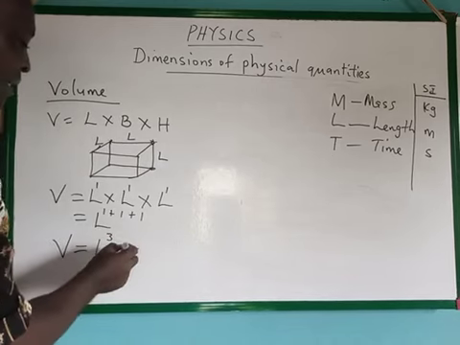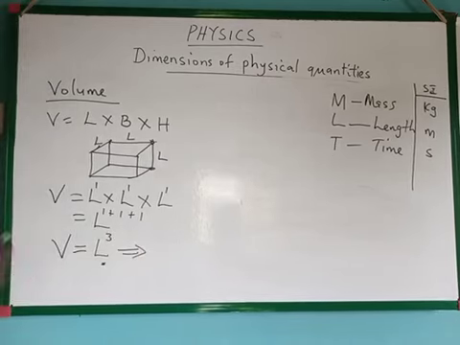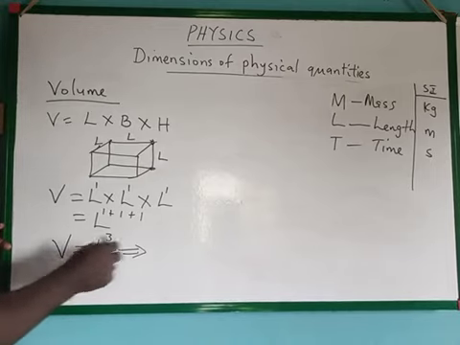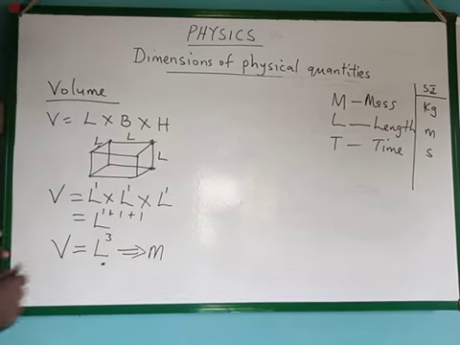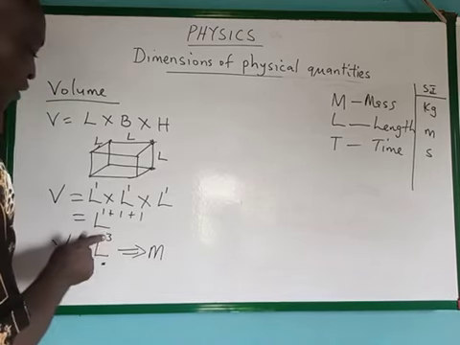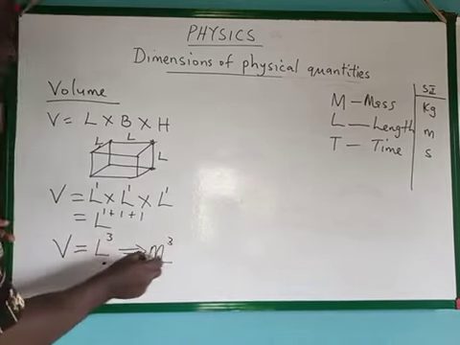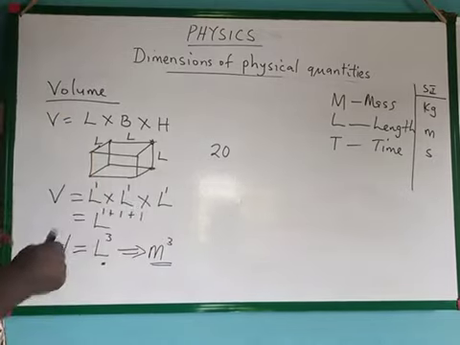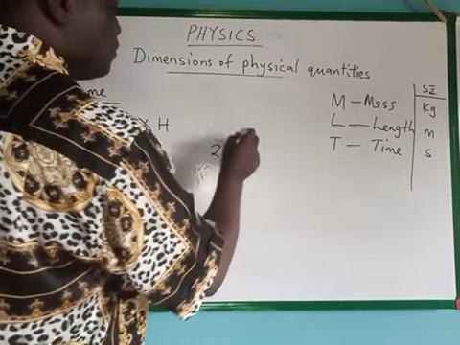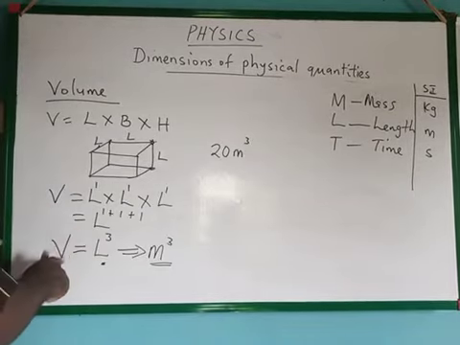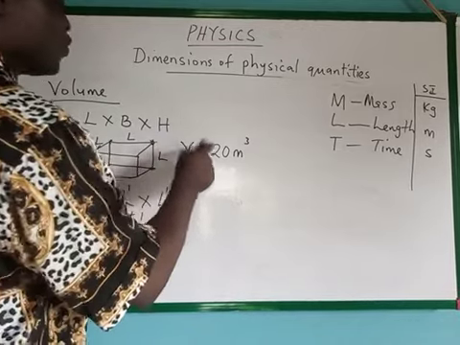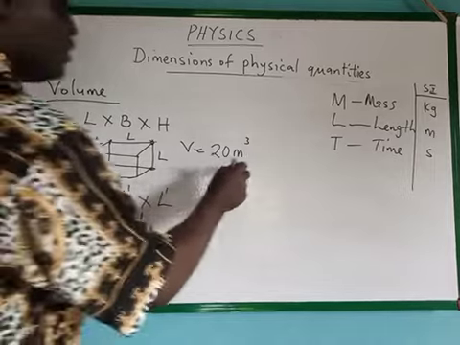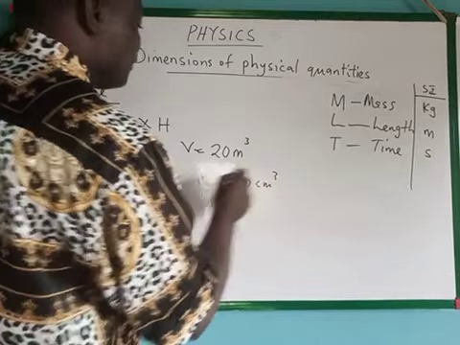So how do we relate this one to the SI units of volume? What is the SI unit of length? The SI unit of length is meter. And we have raised to power 3 here, we put that raised to power 3. So when you calculate volume and you are having, for instance, 20, what do you write next? You say meter cube. Volume is equal to 20 meter cube or 20 cm cube.